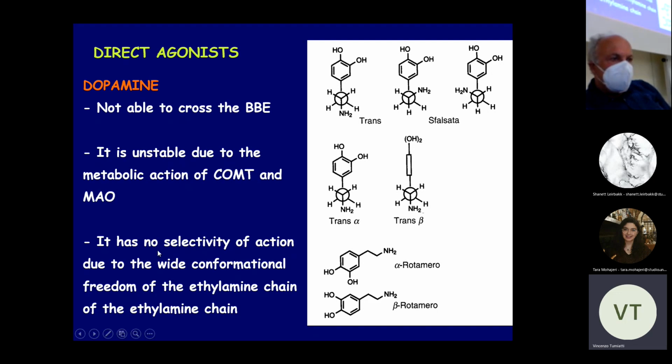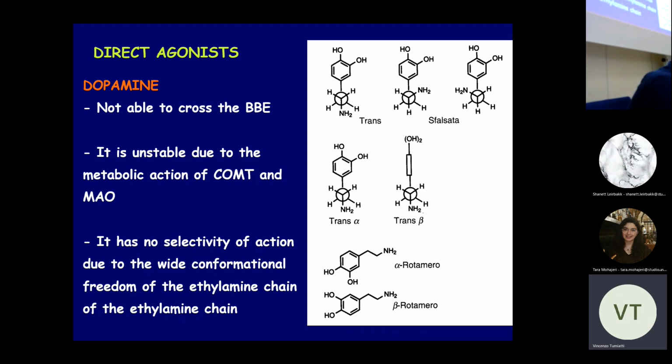The other point is that dopamine is not selective. We think that selectivity towards the different receptor subtypes is due to different conformations that dopamine can assume during the interaction with the different receptor subtypes.